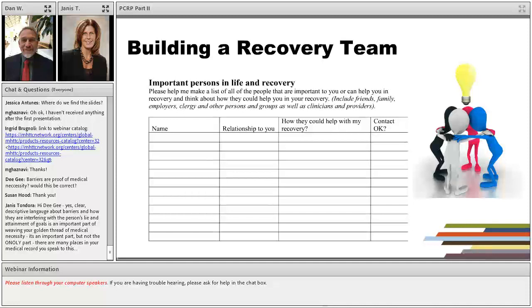But I just want to be cautious in saying it's an important part, but it's not the only part, because medical necessity, really making sure that you're offering the right services at the right time for the right reason, has to manifest in other parts of your record.